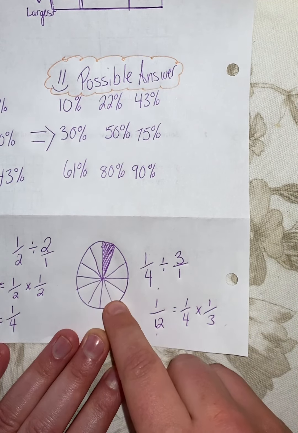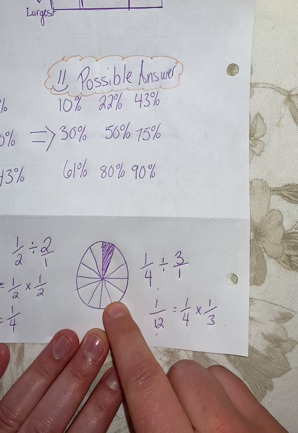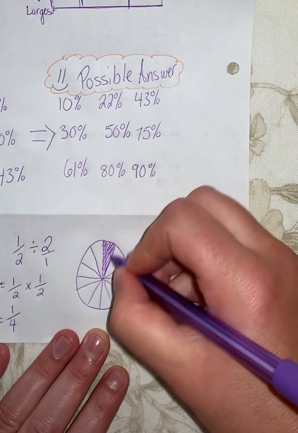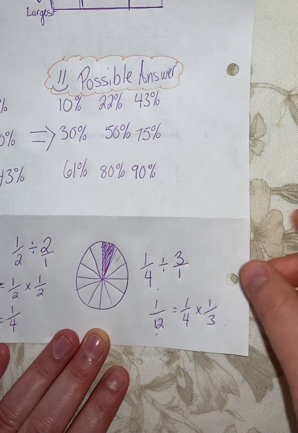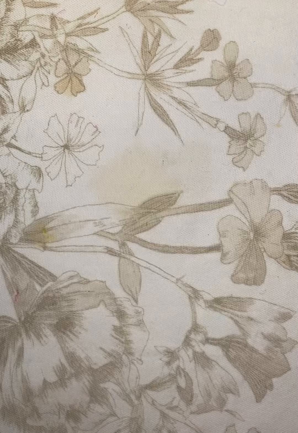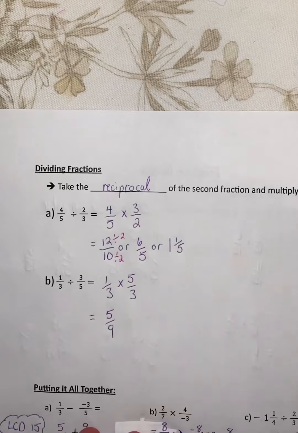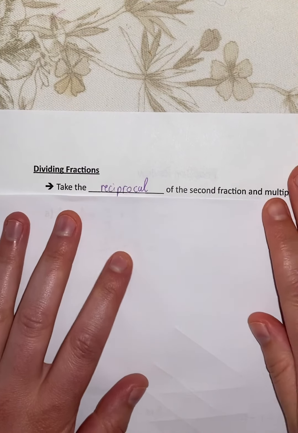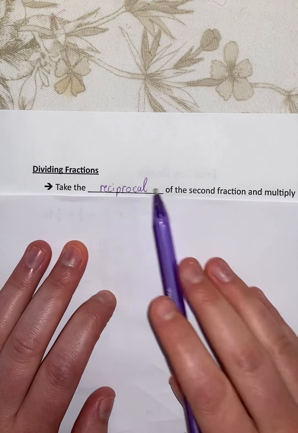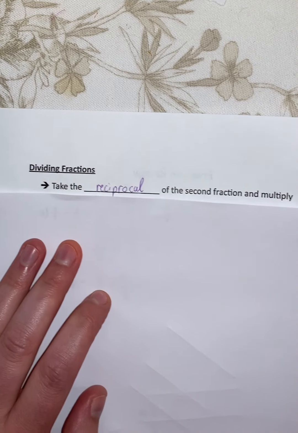If I'm wanting to divide this into 128 pieces, I'm going to be here all day trying to count them all. All right, so back to the back of your handout. To divide fractions, we take the reciprocal of the second fraction. That means we're flipping it upside down.